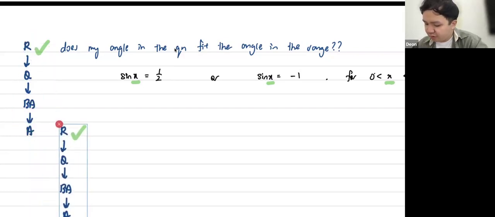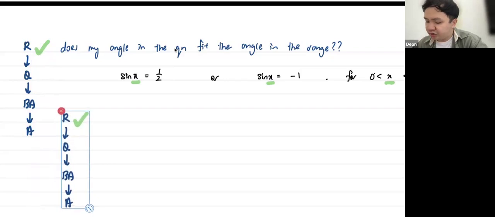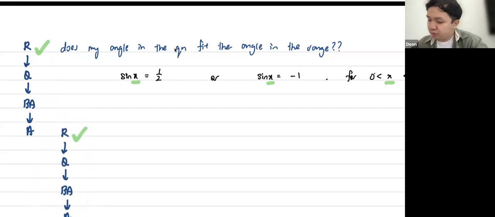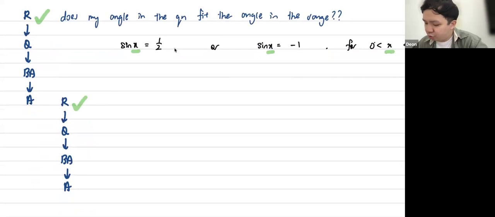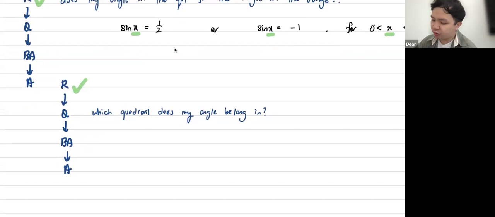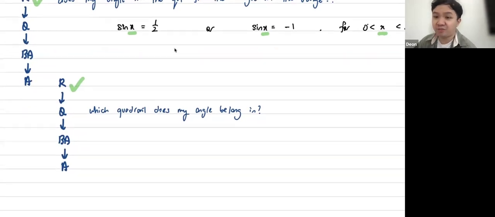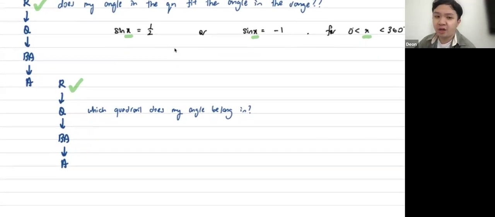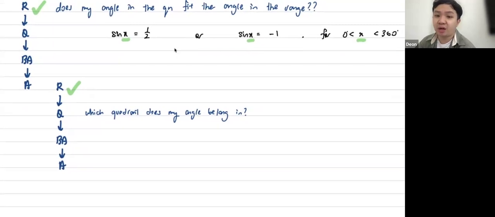Next, we are looking at quadrants. Which quadrant does my angle belong in? This is a bit more complex because I'm dealing with two questions at once. Let's just do both at the same time now.